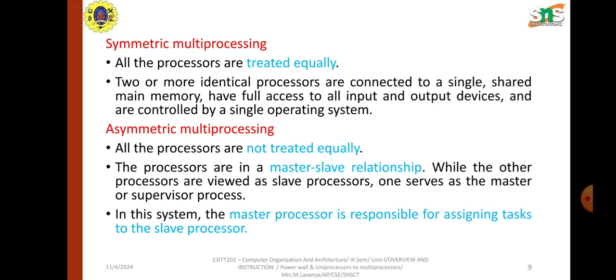That one processor is responsible for assigning tasks to all the other processors present in that system. Apart from assigning the tasks and monitoring the other processors' working, it doesn't execute any other task. So the workload is not equally shared in an asymmetric multiprocessing system.